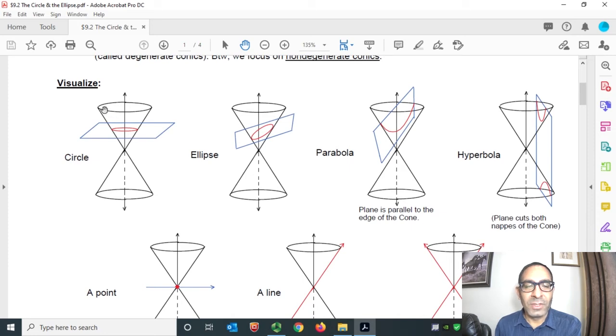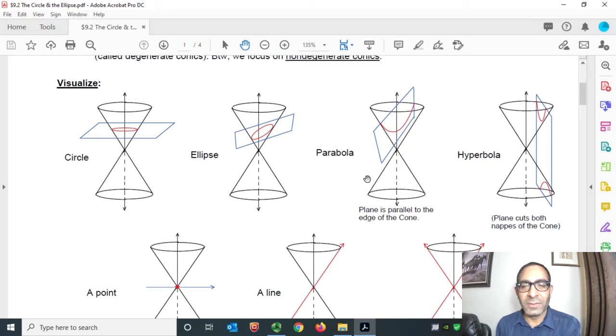If the plane cuts the one nappe of the cone horizontally, then the cross section is a circle. In the second diagram, if the plane cuts the one nappe of the cone diagonally, then the cross section is an ellipse.